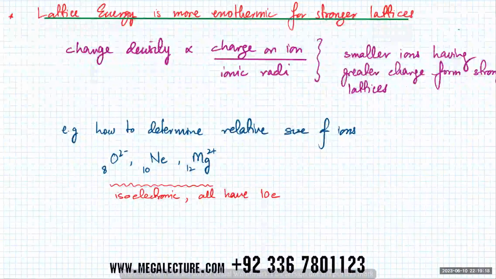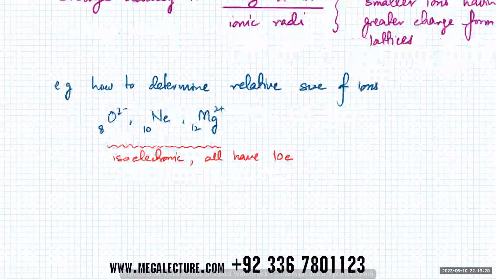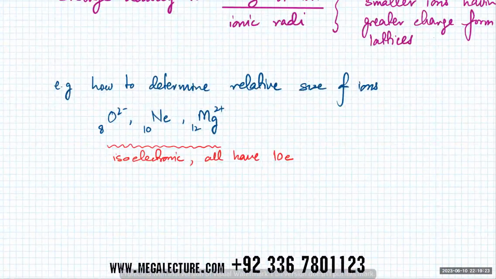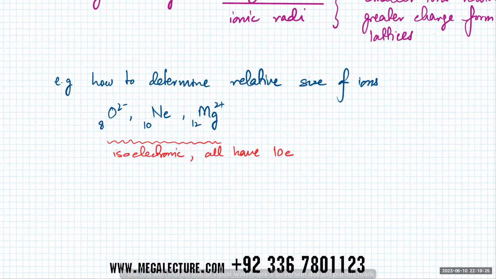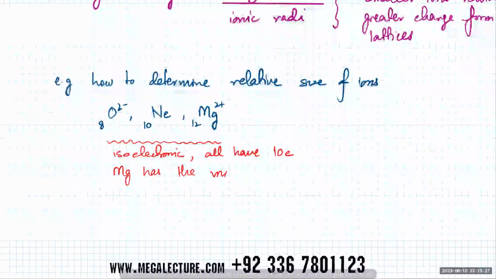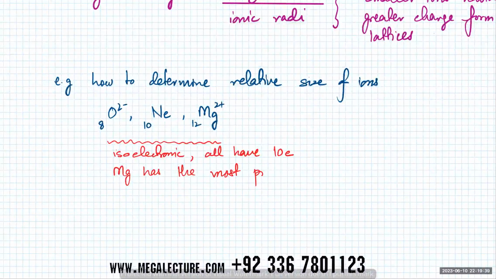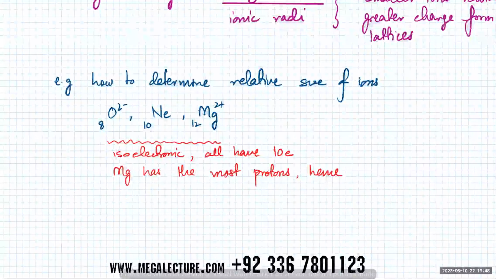So now tell me which one is the biggest and which is the smallest. You look at the protons because the electronic configuration is exactly the same. So Mg has the most protons. Hence, it is going to be the smallest.